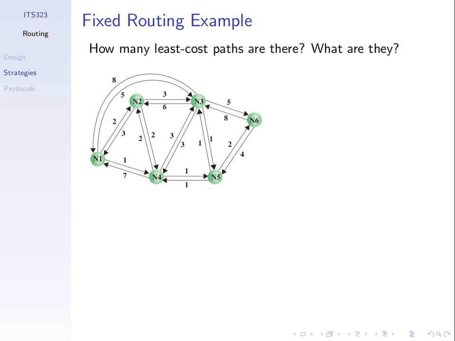Which means this would not be the least cost path from 6 to 1. So if we know a least cost path, in this case we know one to be 6, 5, 4, 2, 1, then we automatically know that from 6 to 2 a least cost path is 6, 5, 4, 2, and from 6 to 4 is 6, 5, 4, and from 6 to 5 is 6, 5.